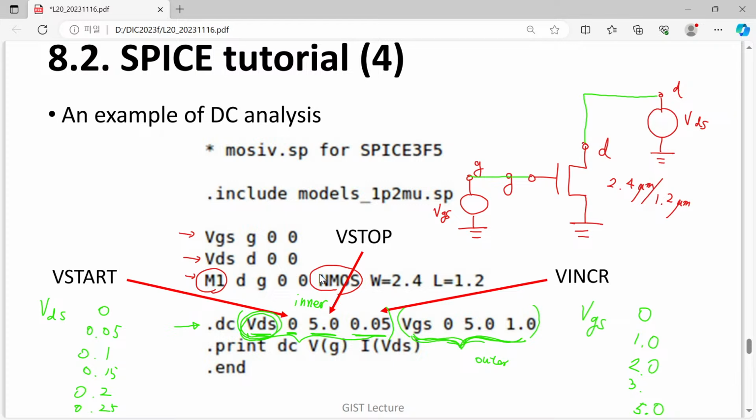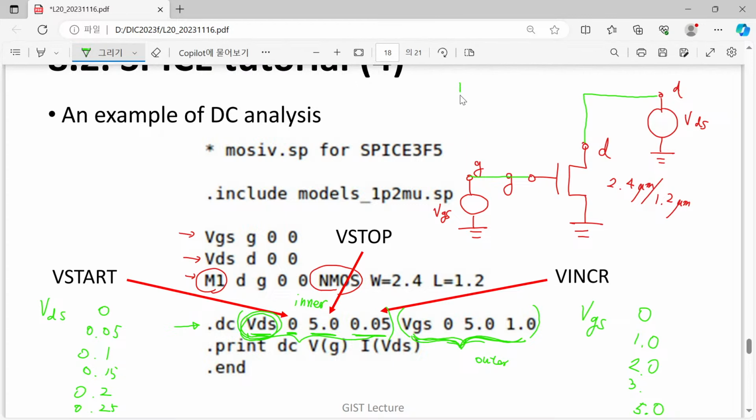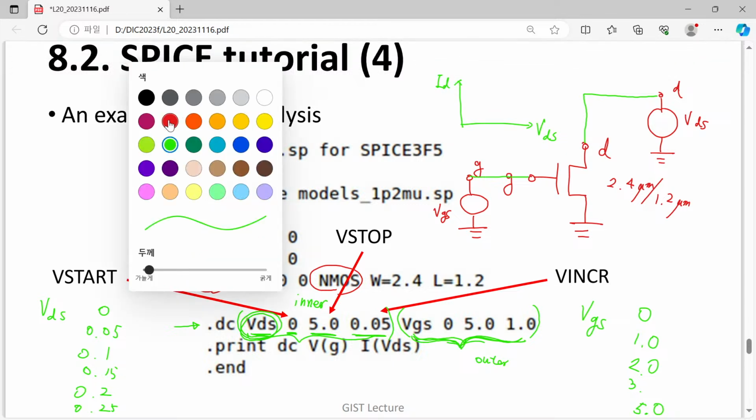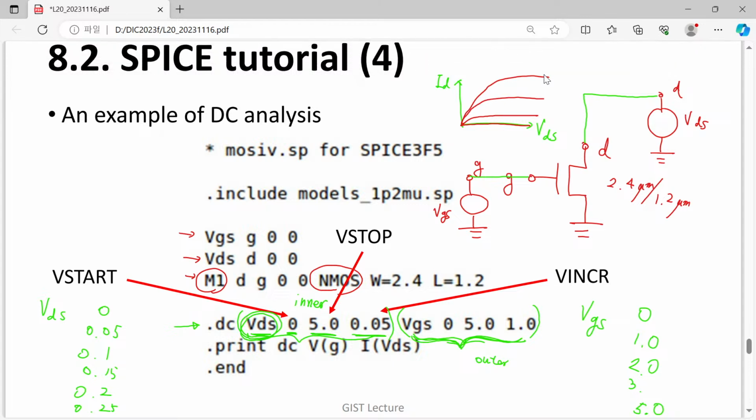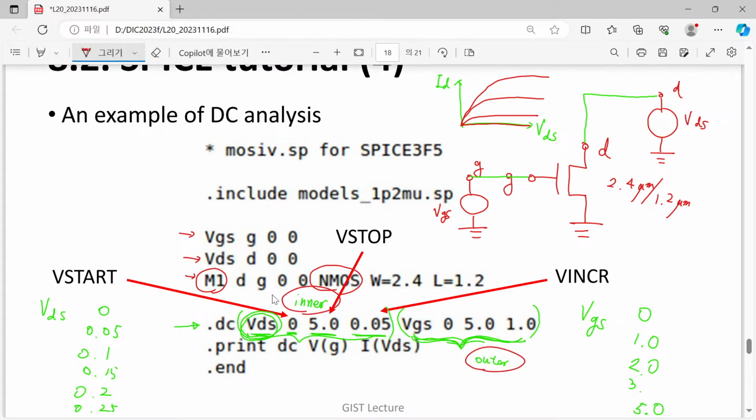After that, we increase the gate voltage to 1.0, then sweep the drain. Simply speaking, VDS and ID are calculated for each VGS, and this kind of analysis is performed with this specification of outer and inner loops.